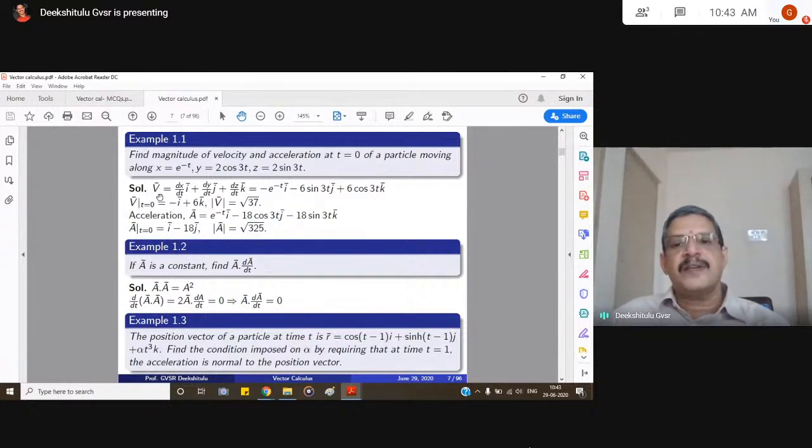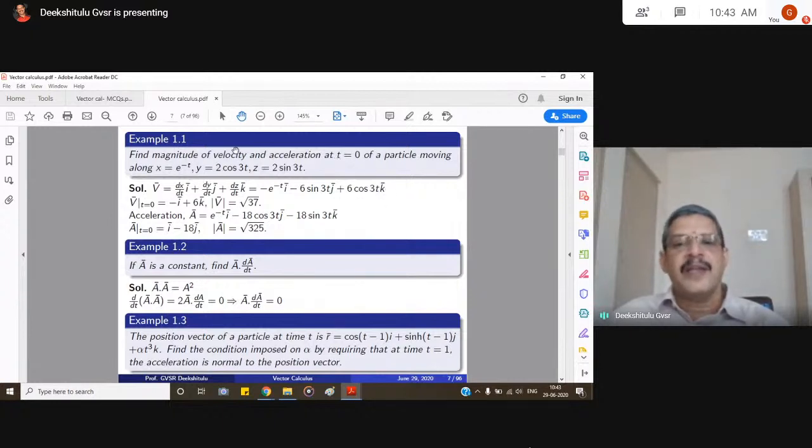You are asked to find the velocity. Velocity is dr by dt, so dx by dt i plus dy by dt j plus dz by dt k. The derivative of e power minus t is minus e power minus t, of 2 cos 3t is minus 6 sin 3t j, plus 6 cos 3t k. This is the velocity vector.